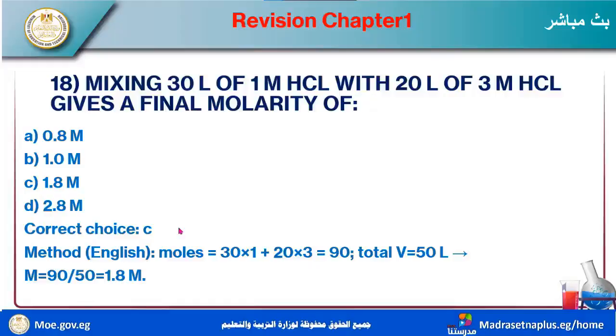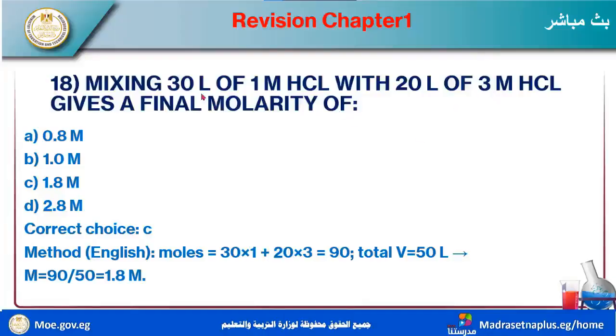Do you understand me? First, calculate the number of moles of HCl in the first solution, and the number of moles of HCl in the other, and add them; you have 90 moles.